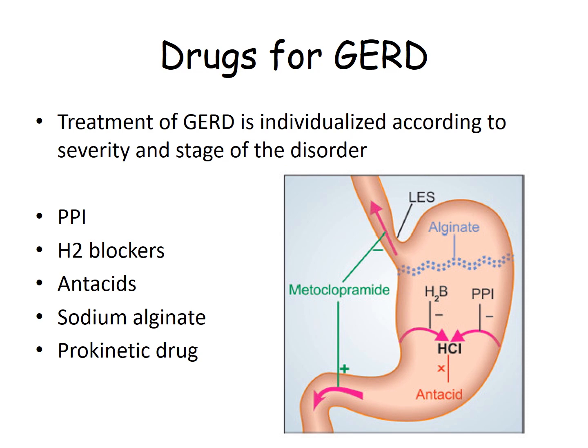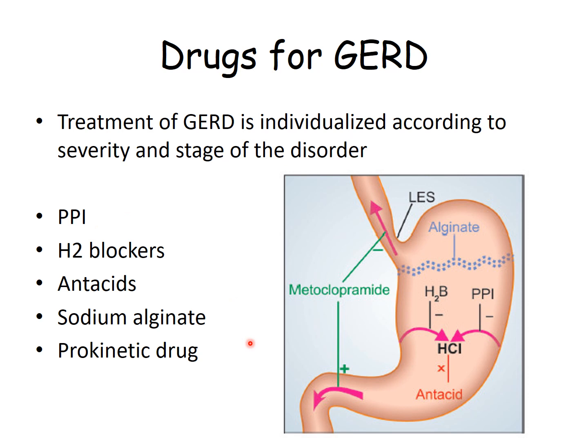Now the drugs for GERD. The treatment of GERD is individualized according to the severity and stage of the disorder, which I have already told. So the group of drugs used will be different for different stages. Here the drugs used are proton pump inhibitors, H2 blockers, antacids, sodium alginate and prokinetic drugs.